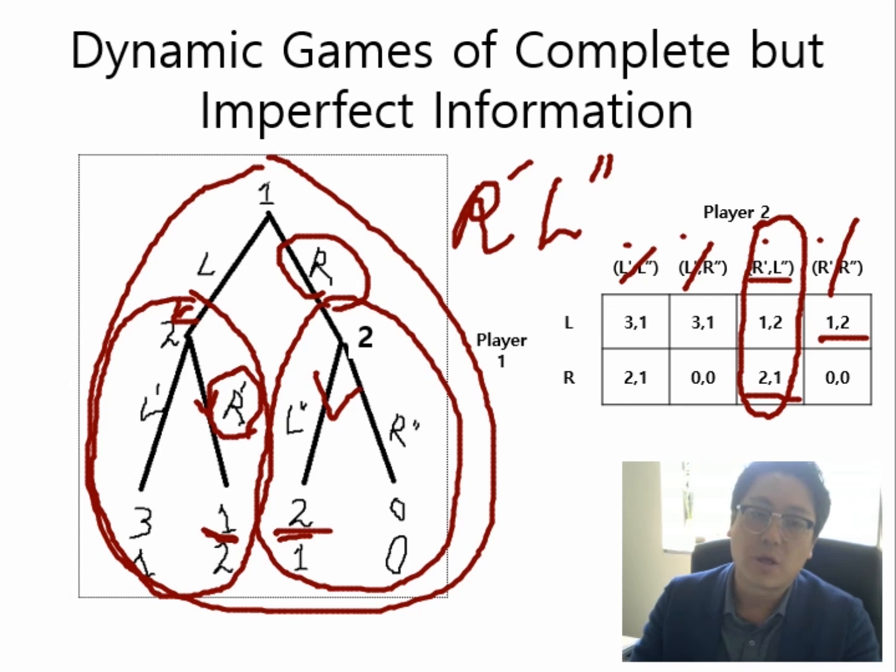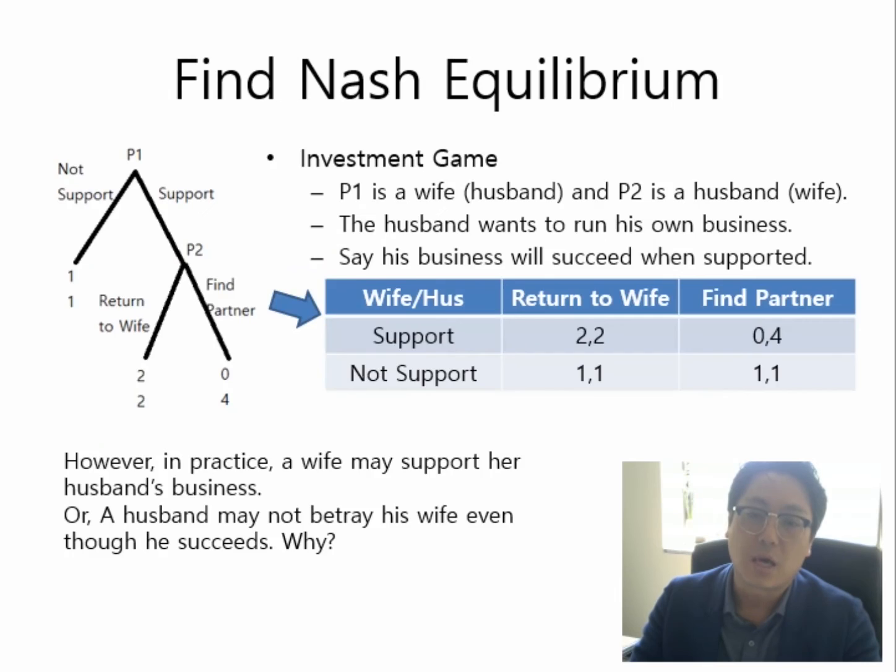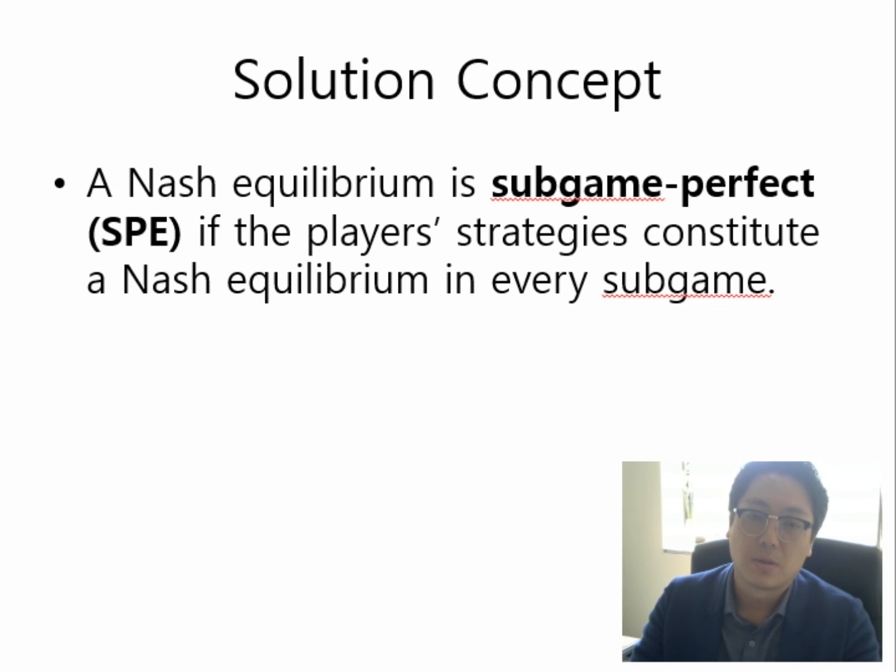So the first player surely will choose L. So this is the only credible Nash equilibrium. This type of credible Nash equilibrium is called subgame perfect Nash equilibrium.